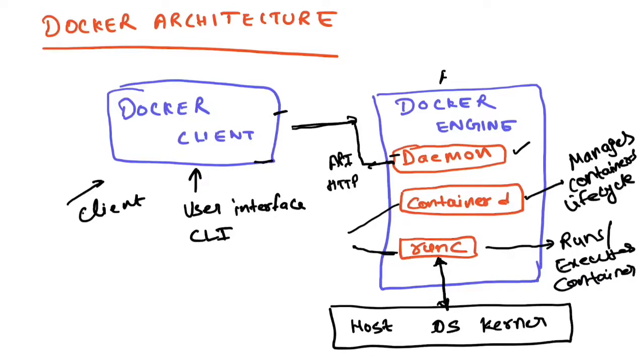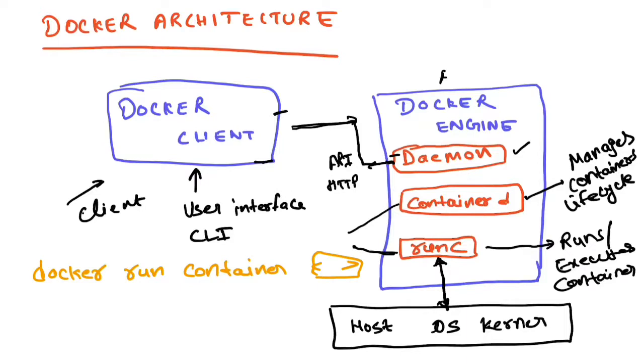Now let's take an example of how these things work in a real practical example, right? So let's say whenever you have to run any container, the command you will pass is docker run, and then you will specify the image based on which you want to run your container. So this is a kind of Docker command that you will run, right?